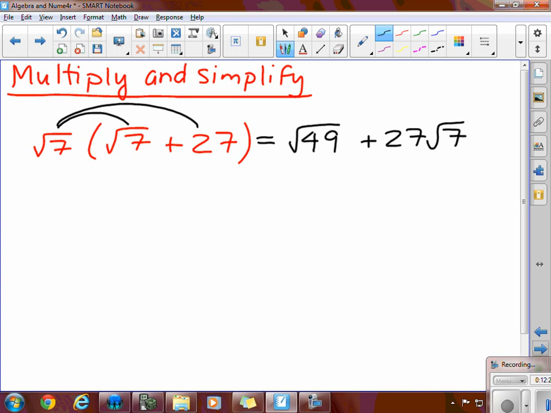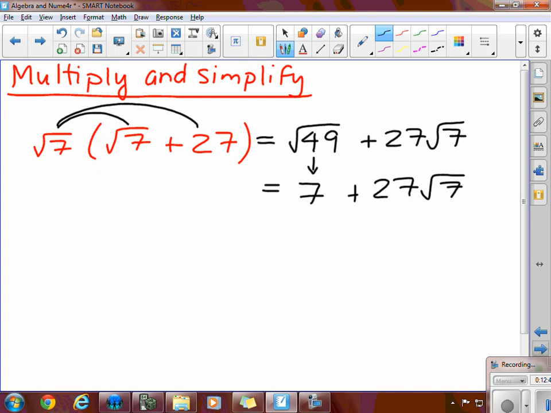So this is good. We've multiplied it. We need to simplify it. What's the root of 49? You guys overthink this. Now that we work so much with radicals, you really overthink what the root of 49 is. It's simply 7. So this whole thing just turns to 7 plus 27 root 7.